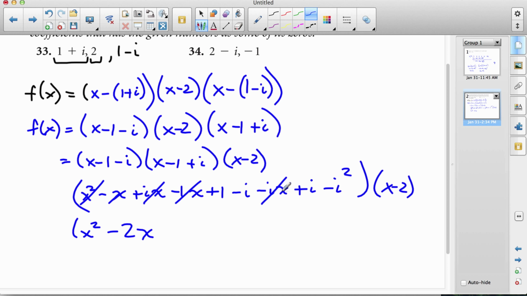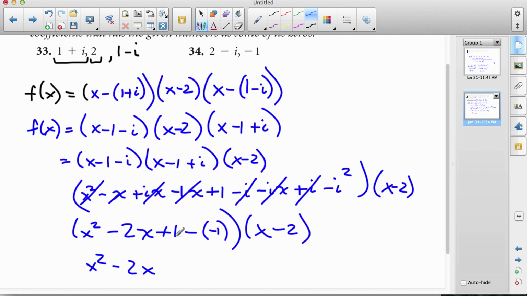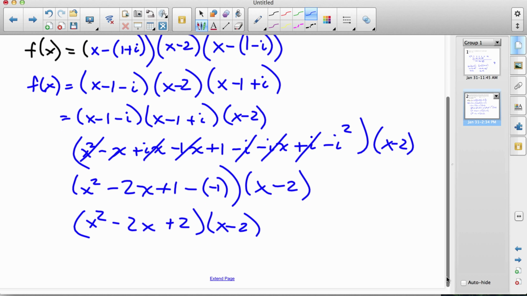Now I have a negative i plus i. Hey, those will cancel. So I have a plus 1. Oh, and I have a negative i squared, but i squared is a negative 1, right? So x squared minus 2x, and then 1 plus 1 would be plus 2, times x minus 2. Hey, no more i's in there.